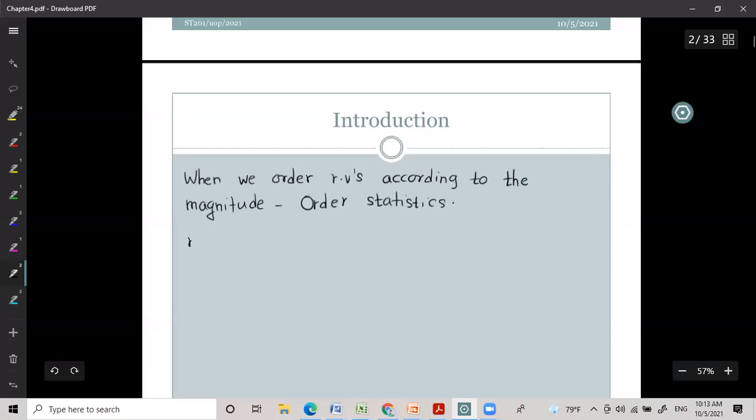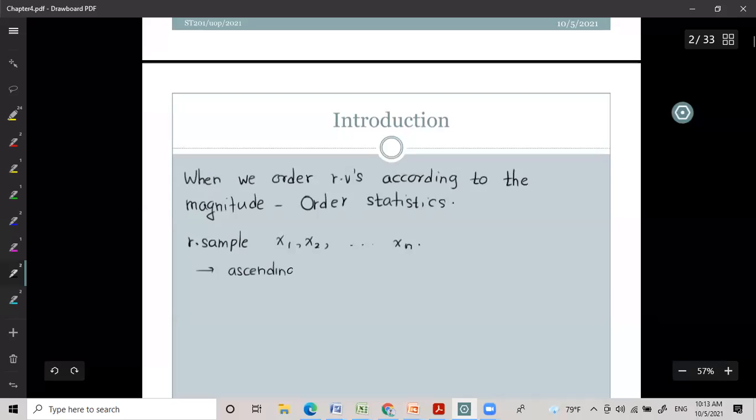Now think about your random sample. Let's denote it in the usual notation: your random sample is x1, x2, up to xn. Now if you arrange these in ascending order, since these values may be jumbled up, you put the smallest one first. Remember that x subscript 1 and x within parentheses 1 are not the same.